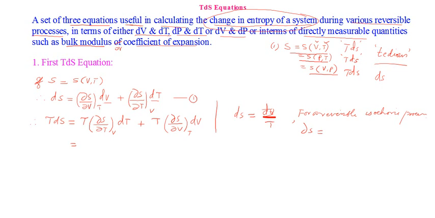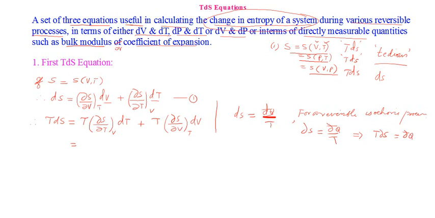So dou s, in order to differentiate it, let me write as dou bar q over T, where T is the temperature. So dou s will be equal to dou bar q by T, or what I can do is that in this case I can write T dou s is equal to d bar q.